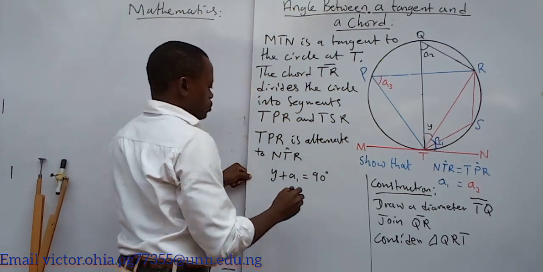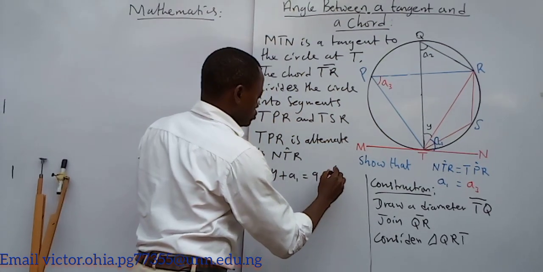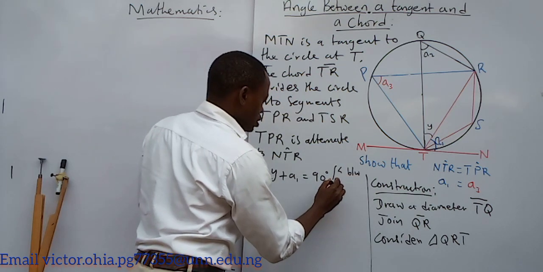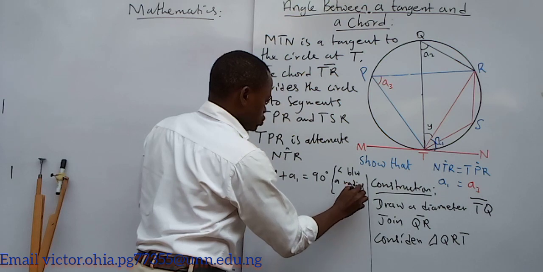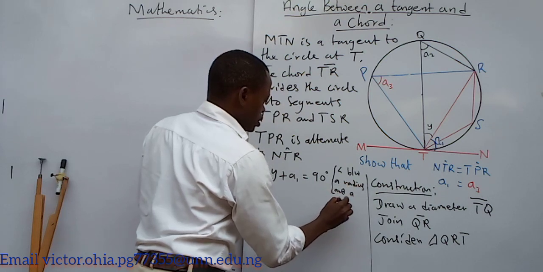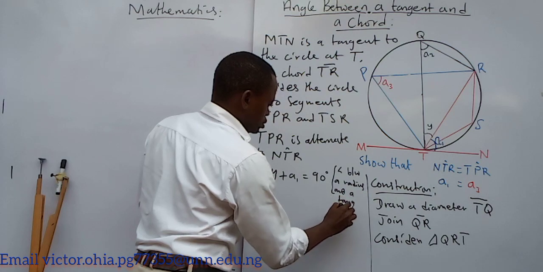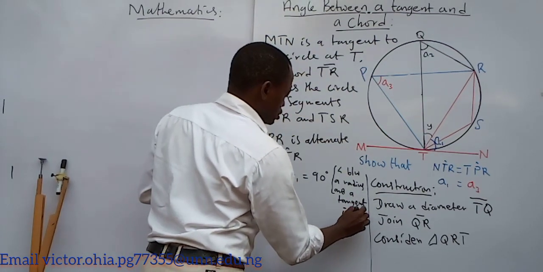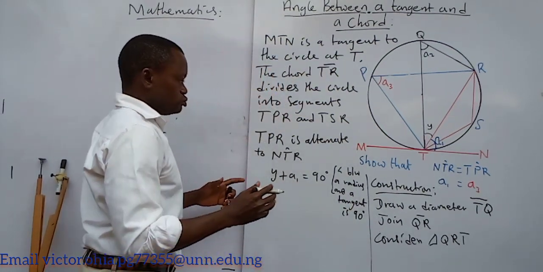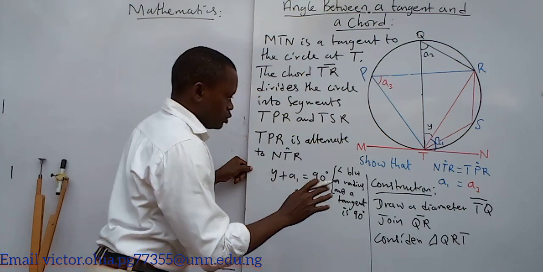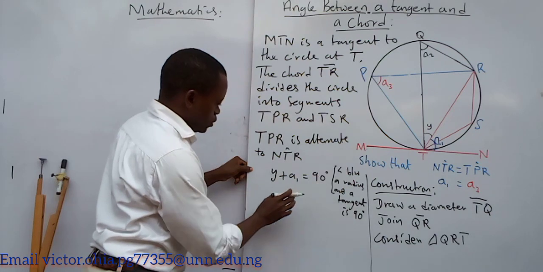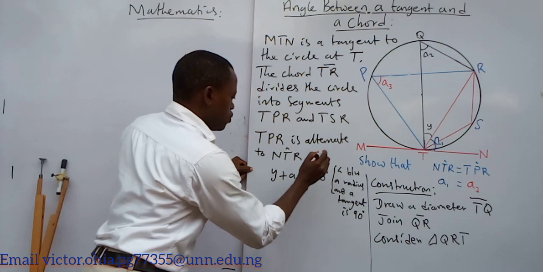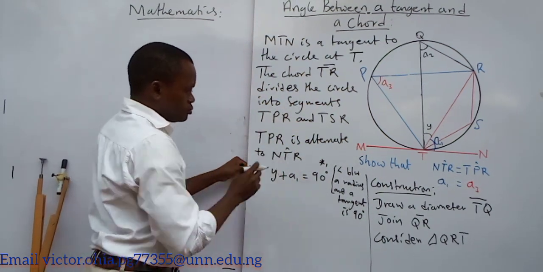I can back it up with the theorem I just mentioned: the angle between a radius and a tangent is 90 degrees. I'm trying not to waste too much time, but also to make sure you understand what I'm doing. Can I call this equation star 1? I can call this star 1.